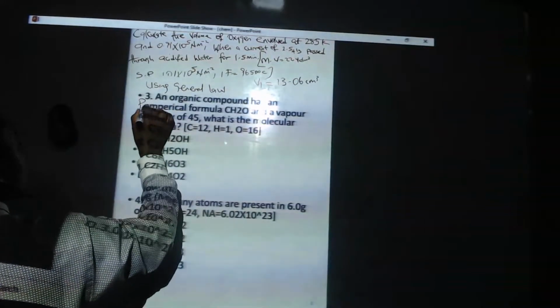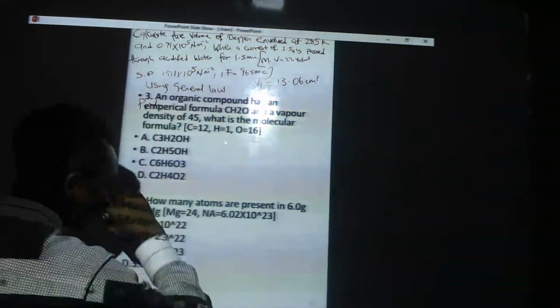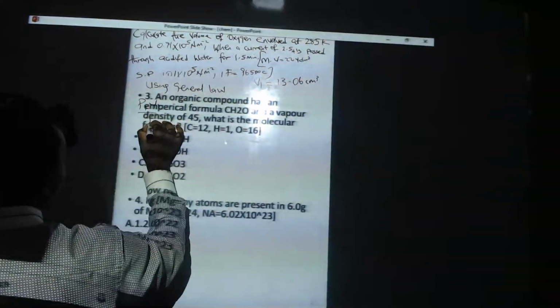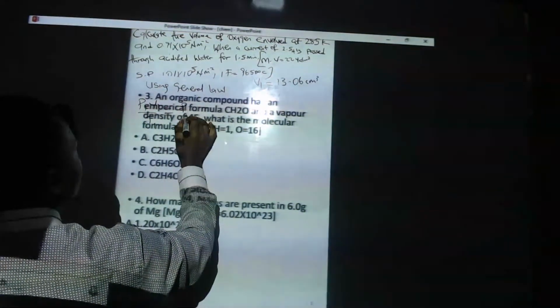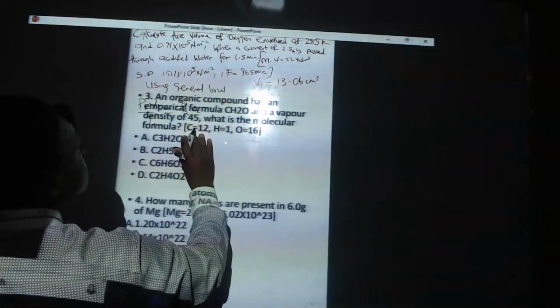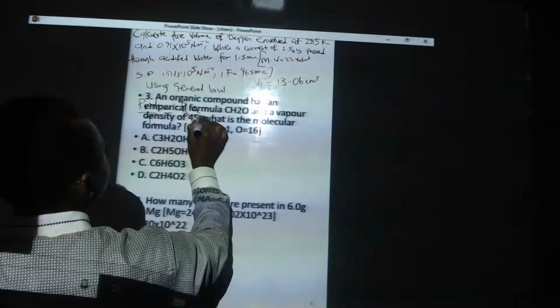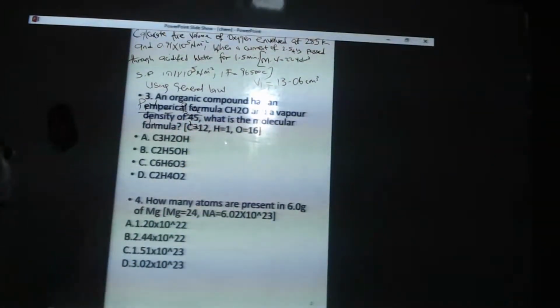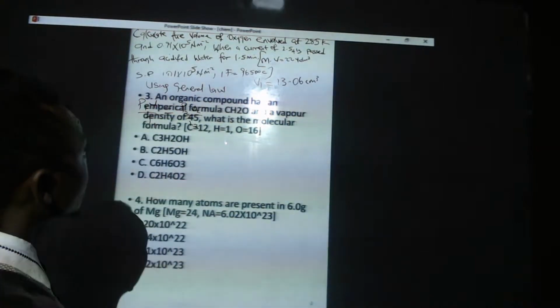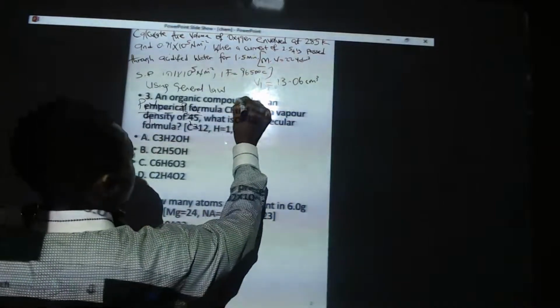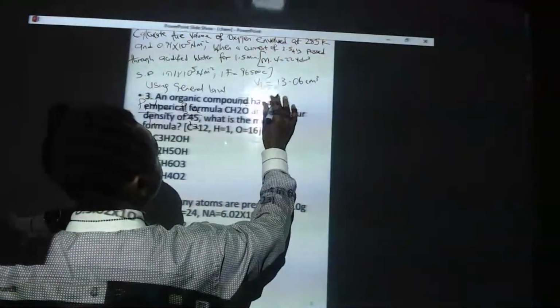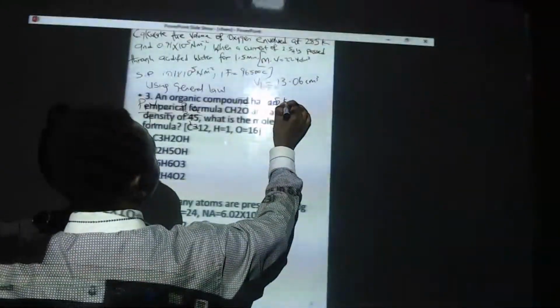P1V1 over T1 equal to P2V2 over T2. Reason why? Because we've been given all the parameters. Remember, you've been given your temperature to be 285 Kelvin.